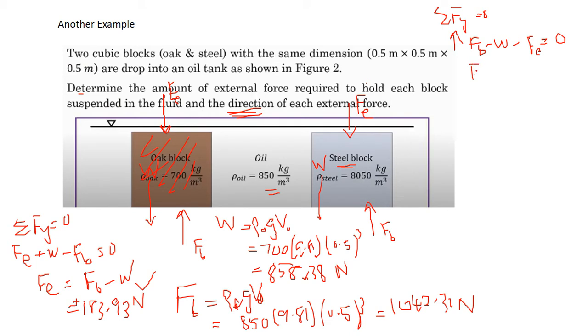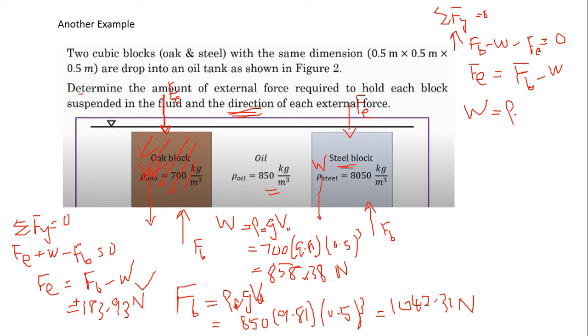And then kita nak cari FE. So FE equals to FB minus W. Okay, good. Now find your W and FB. Your W equal to rho g V of the steel block.